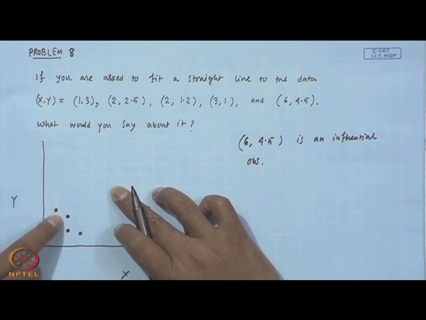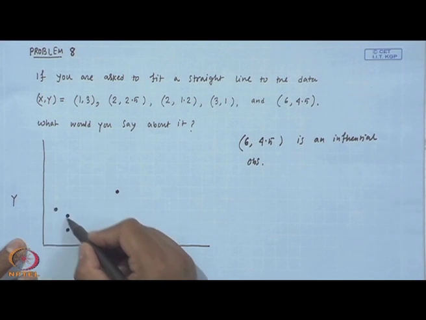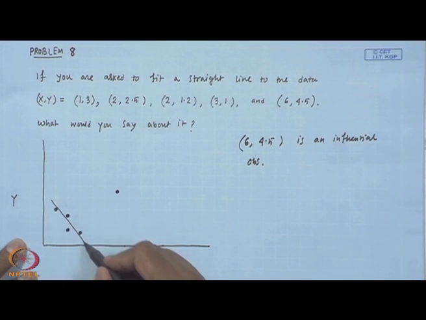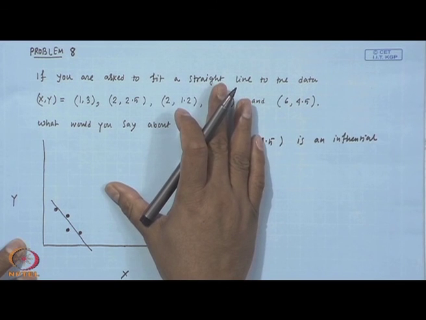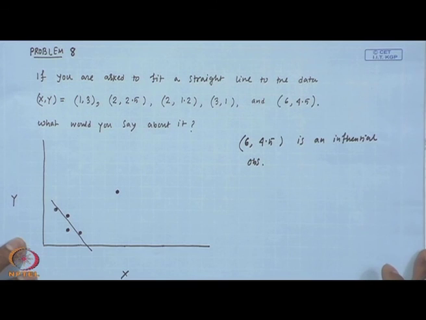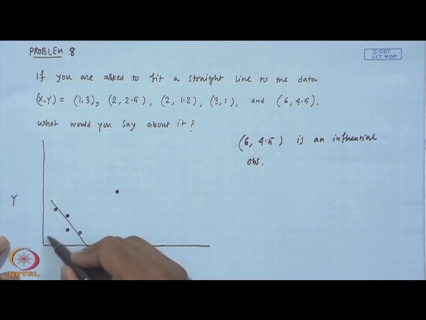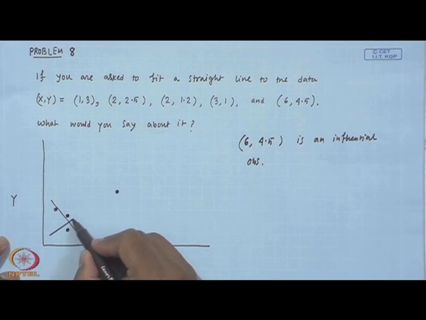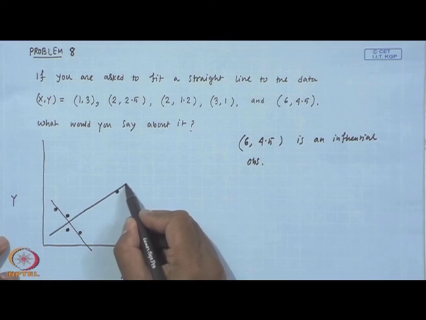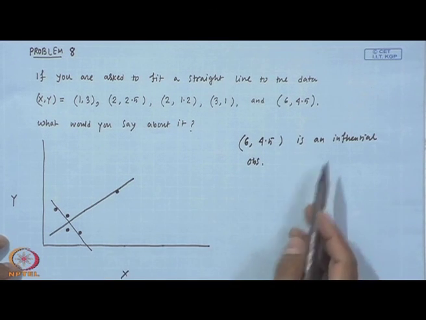So, this should be the fitted line, right. I mean, you will fit a line like this if you ignore this point, right. But if you include this point, then your fitted line should be something like this one. Okay. So, that is the problem with the influential observation.